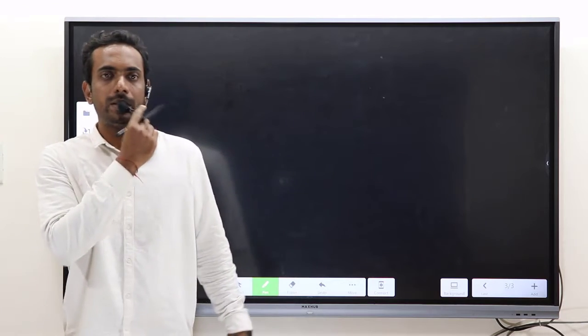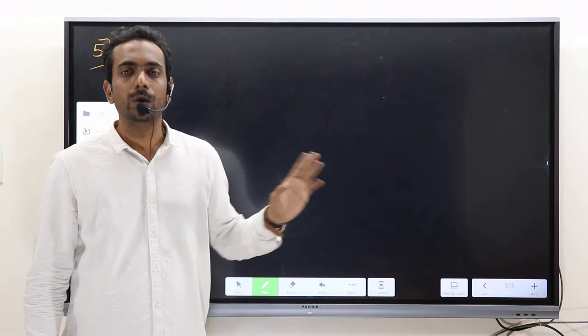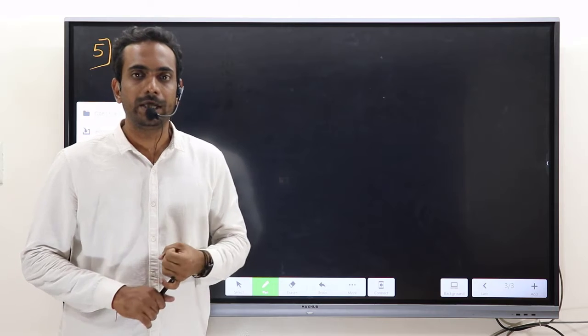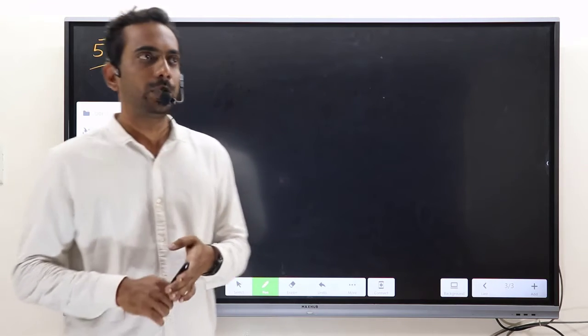So what this point says, जो आपका given characteristic equation होगा, it must be real only. It cannot be imaginary, it cannot be complex, it cannot be sinusoidal, it cannot be exponential.